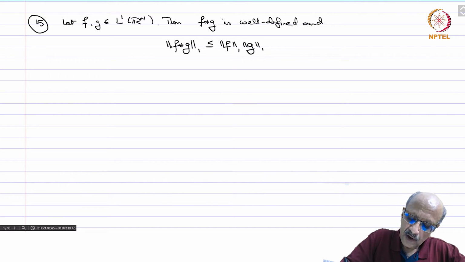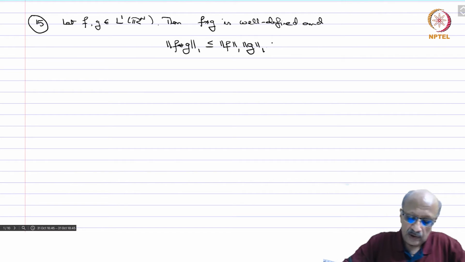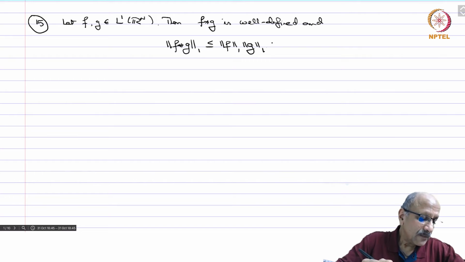So this is Young's inequality when p equals 1. We have already done it when it is general p. So this is easier in fact. Okay, so solution.